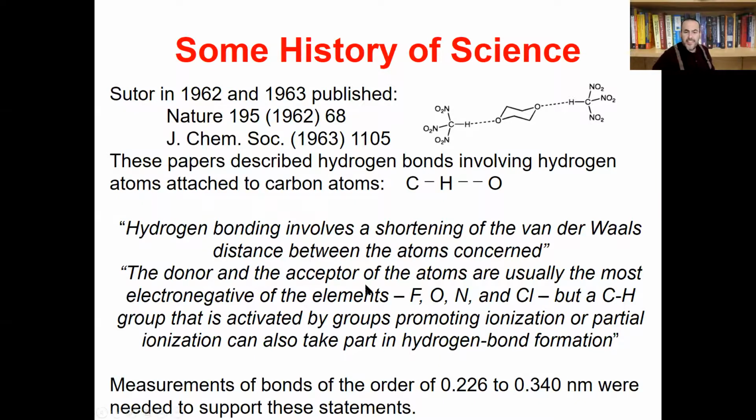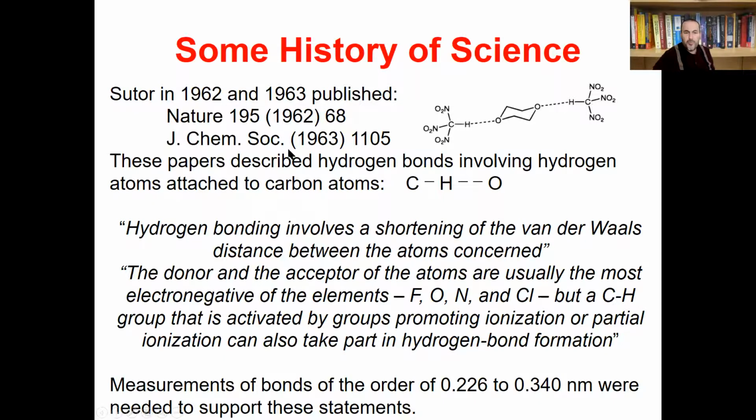The donor and the acceptor atoms are usually the most electronegative of the elements, such as fluorine, oxygen, and nitrogen, but a CH group that is activated by groups promoting ionization or partial ionization can also take part in hydrogen bond formation.